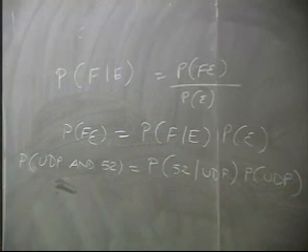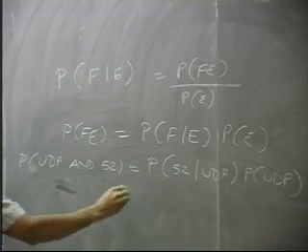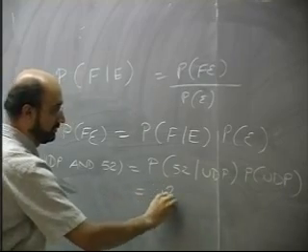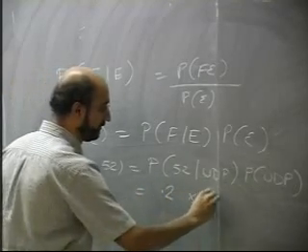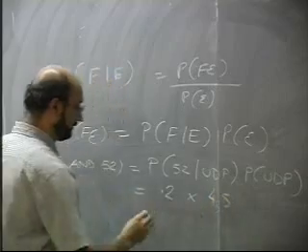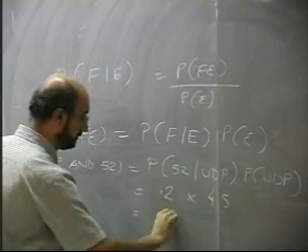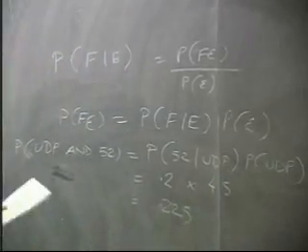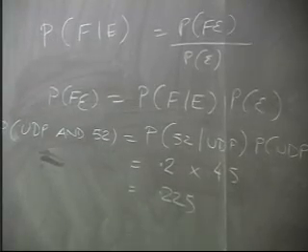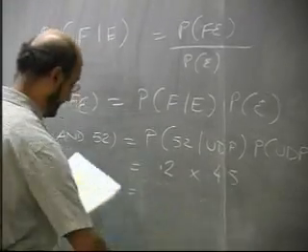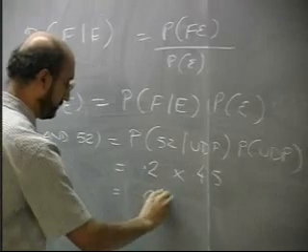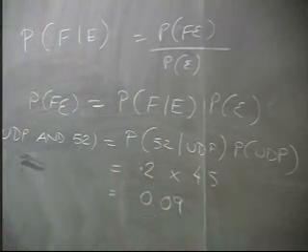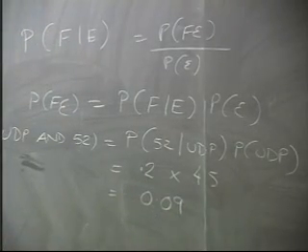Now I can just plug these values in. This is 0.2, and this is 0.45. So this gives me 0.225. Oh, sorry, what am I doing? Not 0.225, 0.09, as the probability that it's UDP and 52.